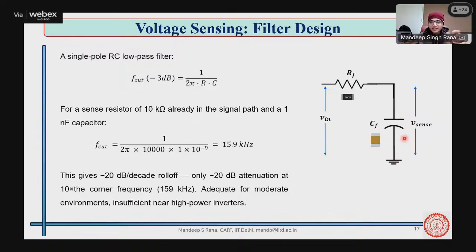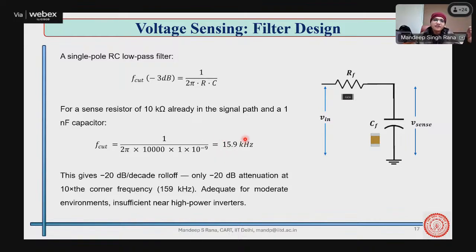And then there is this capacitor which gets charged, in a way that it filters all the noise, but it retains the main signal. So if it is 10 kilo ohm, this calculation comes out to be 15.9 kilohertz as the cutoff frequency.